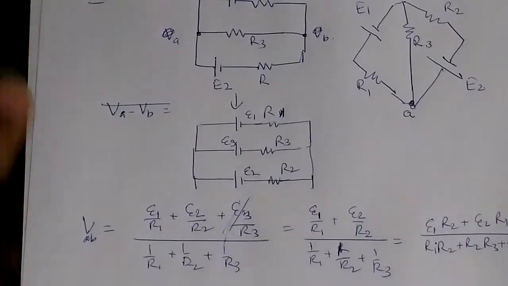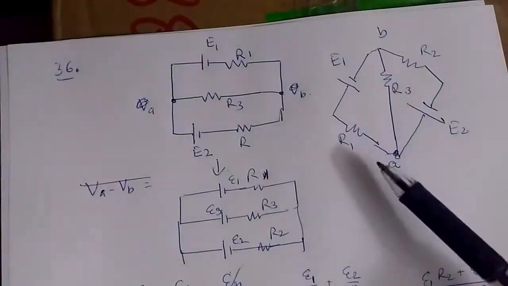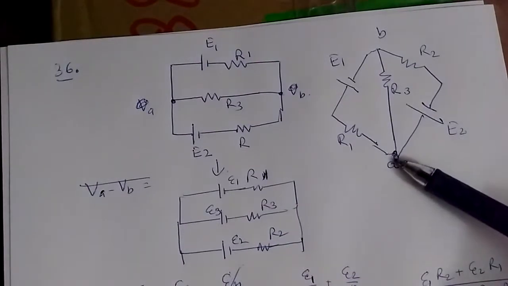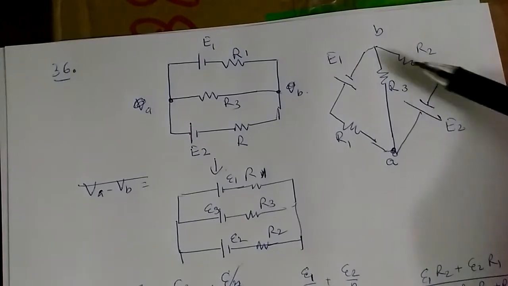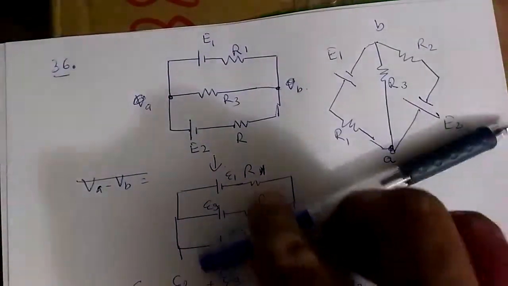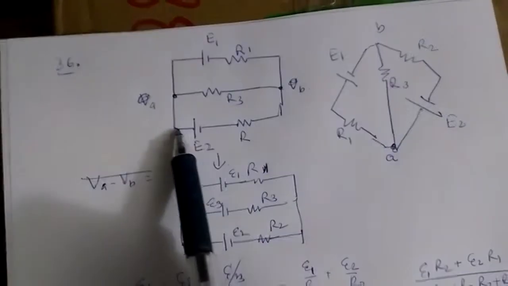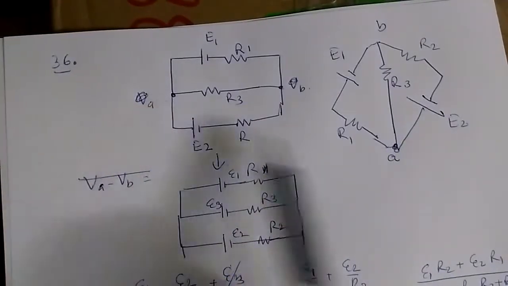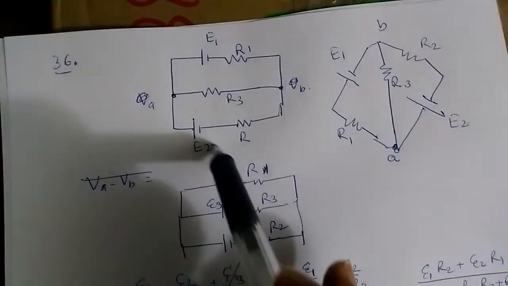Now the second part of this question: if you look closely, this is the voltage source and this resistor is in series with it. So if you mentally remove this whole circuit like this and make this E1, this E2 can be assumed to be the same as this.